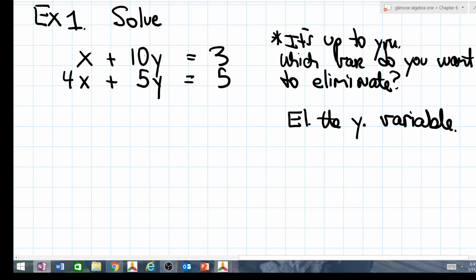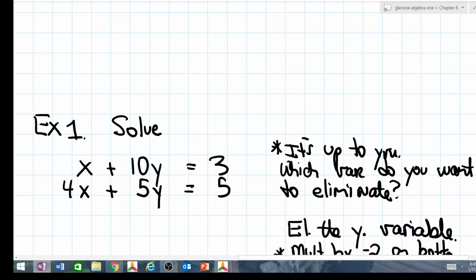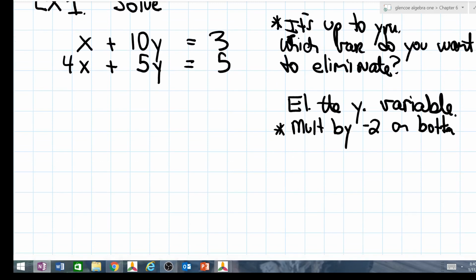I'm going to propose, to make your life easy, that we multiply by -2 on the bottom equation. And the reason I chose -2 is so that then they're going to have the same coefficient and opposite signs, which means what?